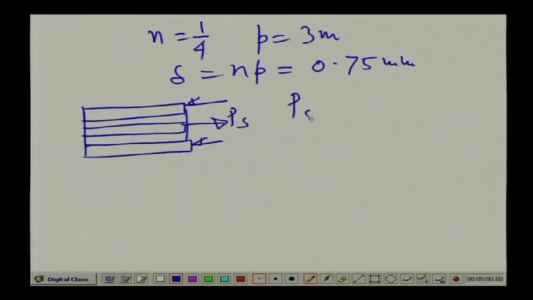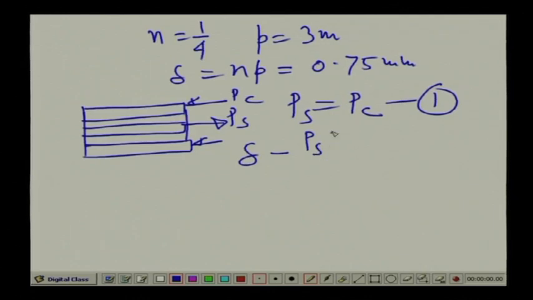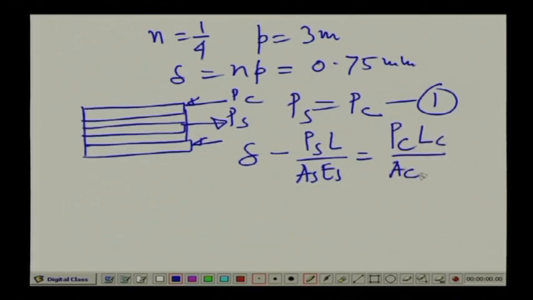So, P s equals P c. This is the equilibrium criterion, and the compatibility gives that the deformation is the same: the deformation delta minus the deformation of the steel, which is P s L by A s E s, equals P c L c by A c E c.